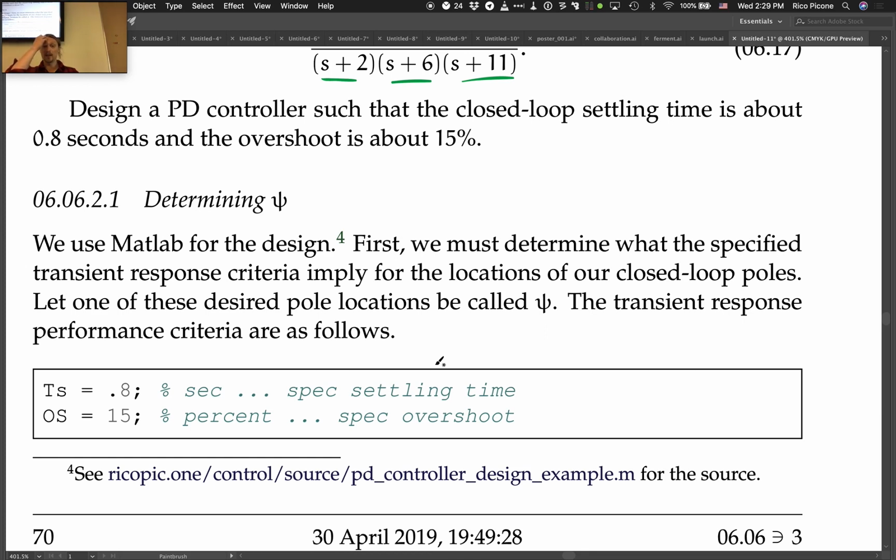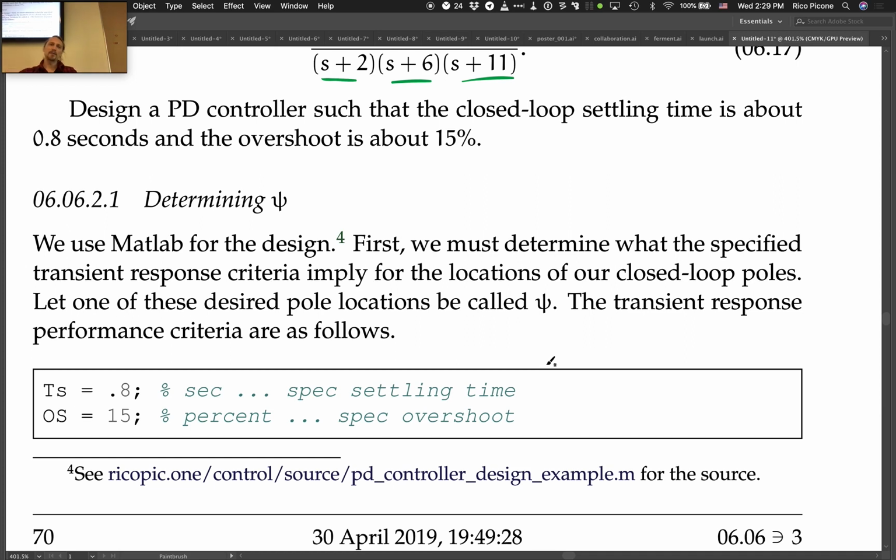So let one of the desired closed loop pole locations be psi. So remember, we can only specify where one of them is going to be. The other ones are going to be wherever they are. If you're going to specify psi to be a complex number, there's always going to be a pair. That's the one that's going to be off the axis and mirrored about the real axis as well. And then the other poles are going to be wherever they end up. Okay? So we get to only specify one, psi.